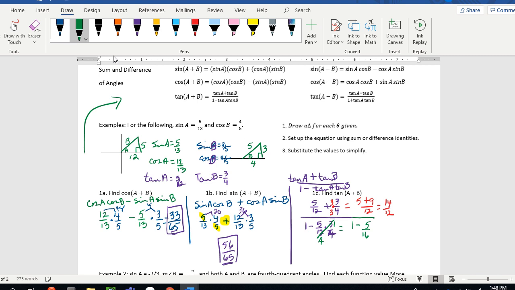That's this denominator. Well, I can't add these together yet because 1 doesn't have 16. So instead of 1, I'm going to multiply this by 16 over 16, and now I can subtract, and that gives me 11 over 16. But it should make sense. If you have a whole pizza cut into 16 pieces and 5 pieces are gone, you have 11 left.